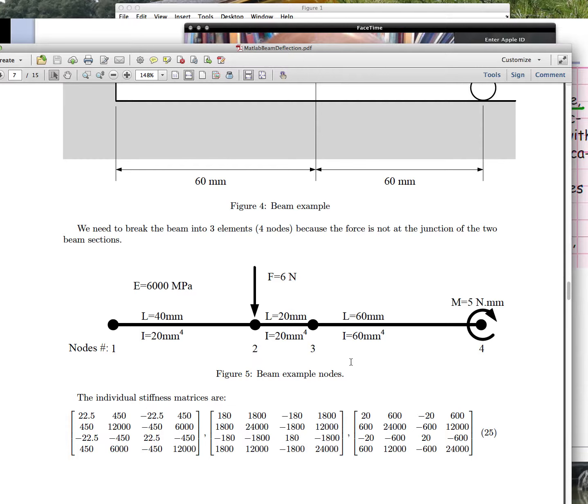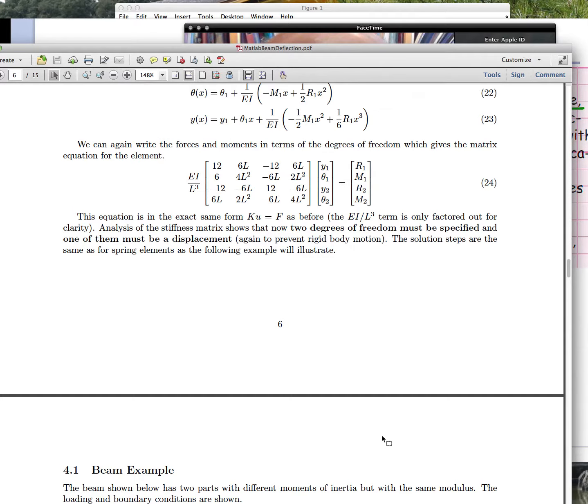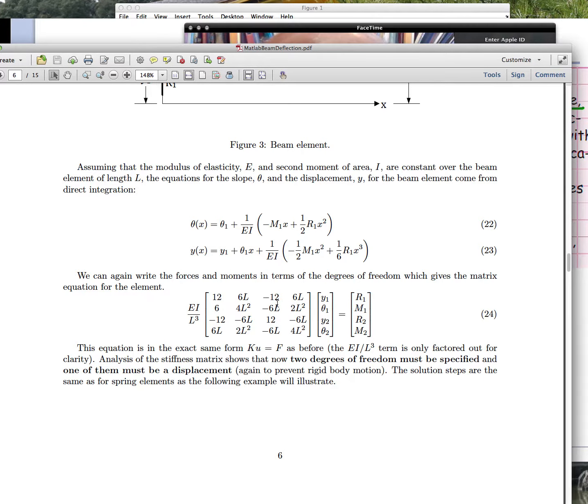With this information, we have 3 stiffness matrices, because we have 3 elements, 1, 2, and then finally 3 here.